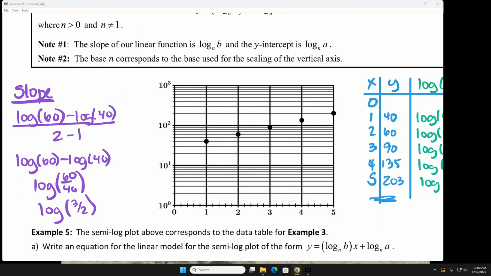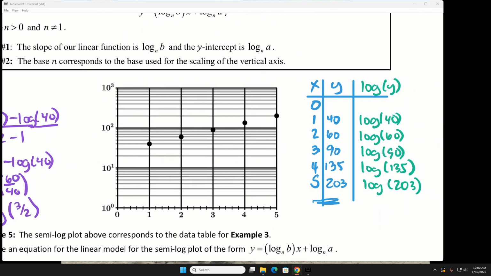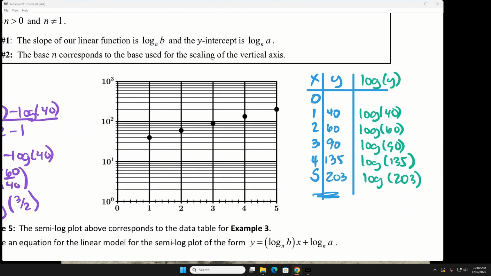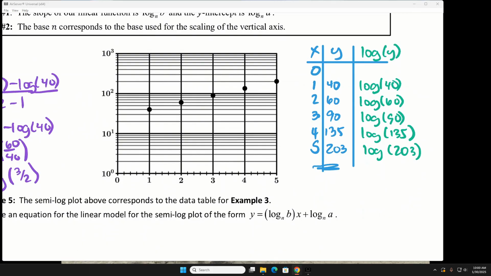All right, so if the slope of the semi-log plot is log of 3/2, what that means is this is going to be linear. So on linear, to get the next y, are you adding something or are you multiplying? For linear, you're adding. So what we're technically doing is adding log of 3/2 each time.